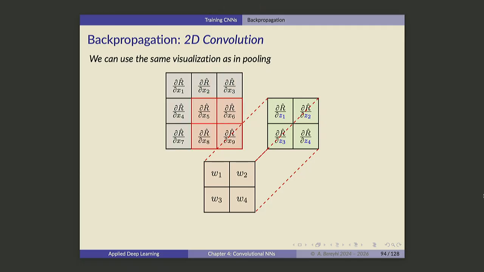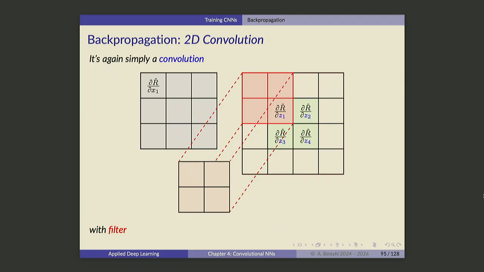Again, this is not a very nice visualization. A better visualization would be this one. I could say that I'm going to add zeros around this, and then I start convolving a filter with this guy to write down the gradients here. Now, what would be those terms here, those weights here?